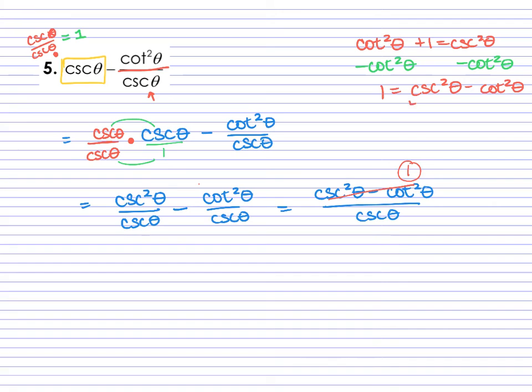So instead of having the two bigger messy terms, I can substitute 1 in for them. So now what I have is that this whole thing is equal to 1 over cosecant theta. Well, cosecant theta is just 1 over sine theta, which means the final answer is just the sine of theta. That's my most simplified answer.